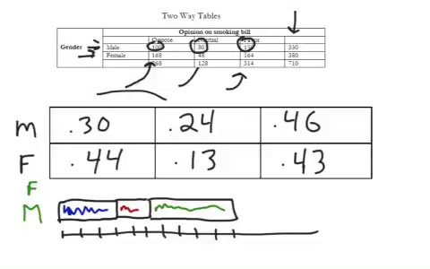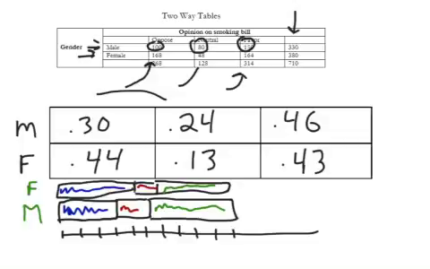Then right above that we could do females, go up to 44%, and then 13%, so 40, 57, up to about 60 here, and then we finish it. We could color code it, and we have our segmented bar graph.